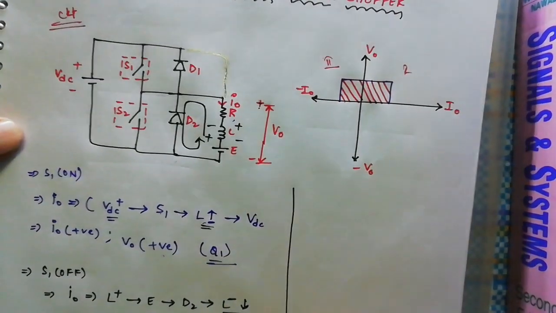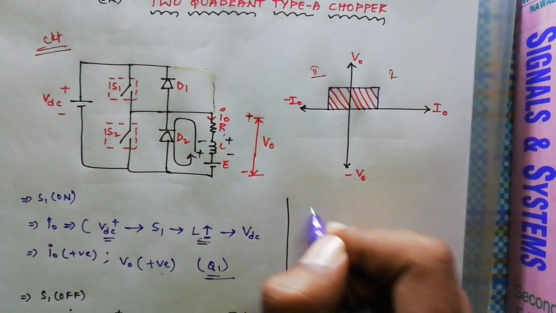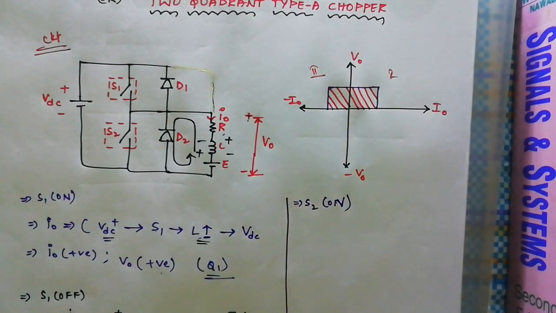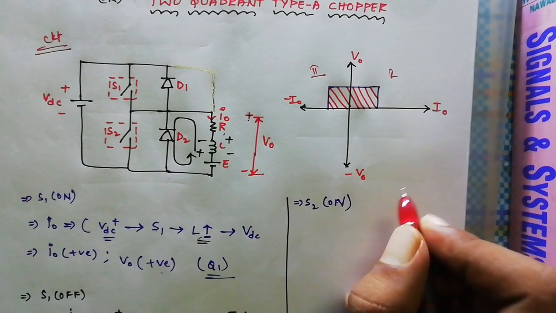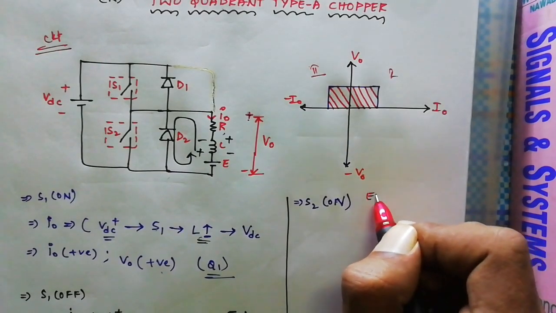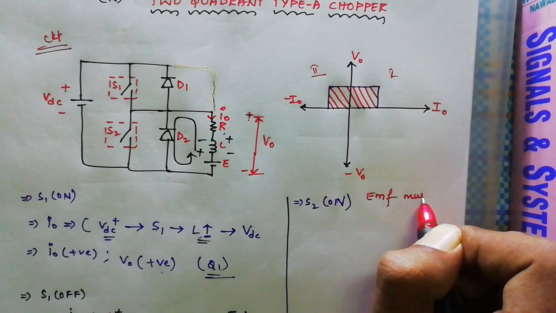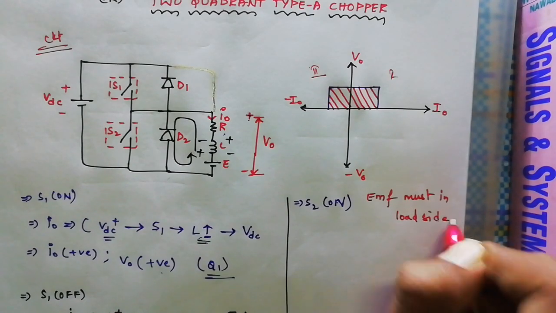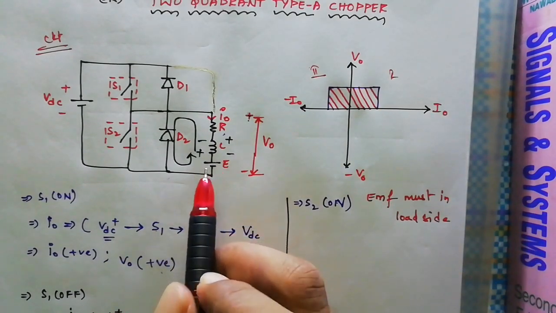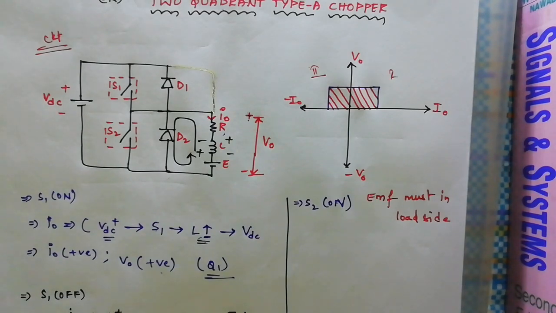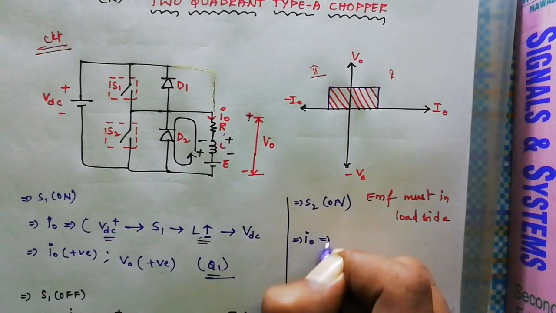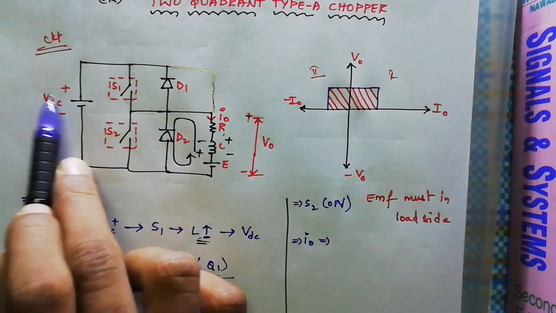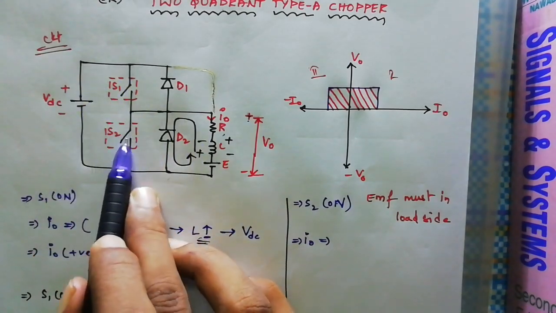Now let us understand with respect to switch 2. When switch 2 is turned on, there is a condition: EMF must be present on the load side, and the polarity should be as shown in this circuit diagram. Now what happens to my load current direction? E will supply the energy, as there is no connection between the source VDC and the load, since S1 is open and S2 is closed.